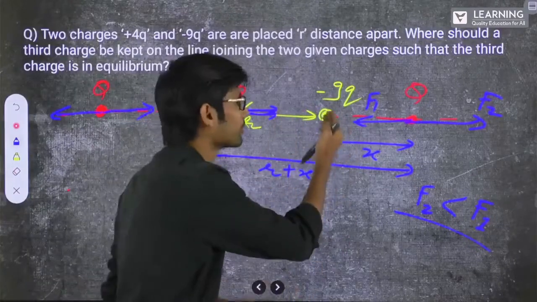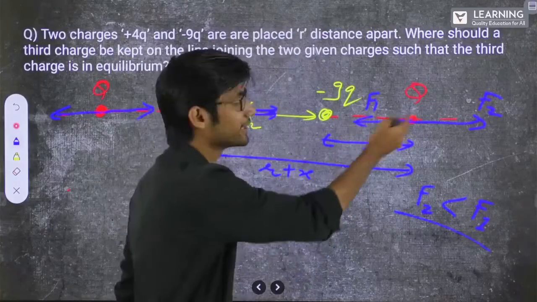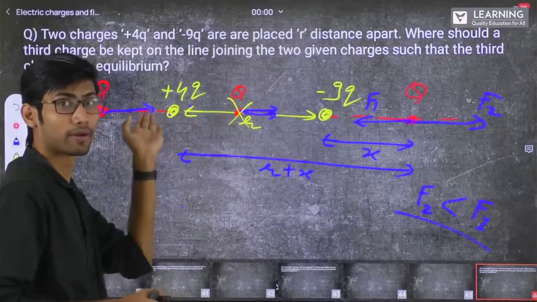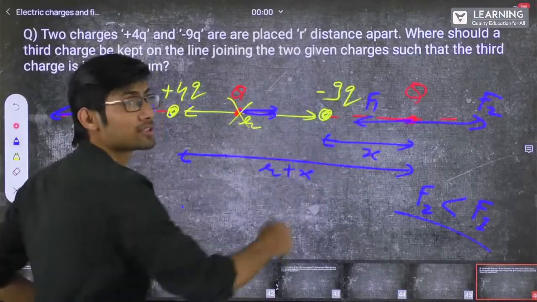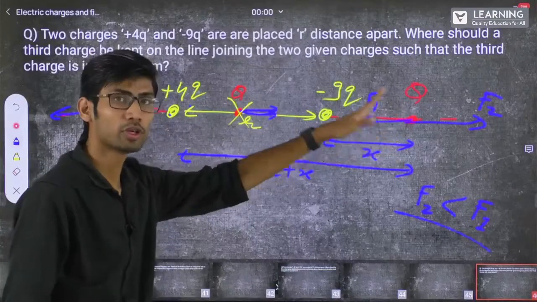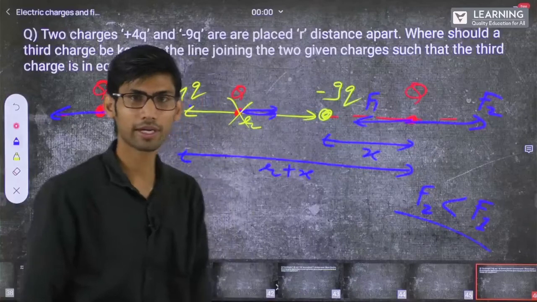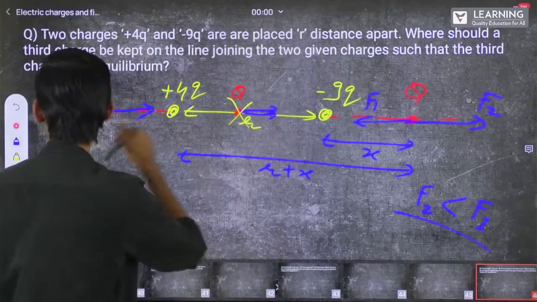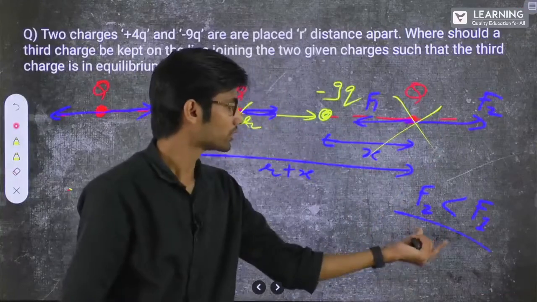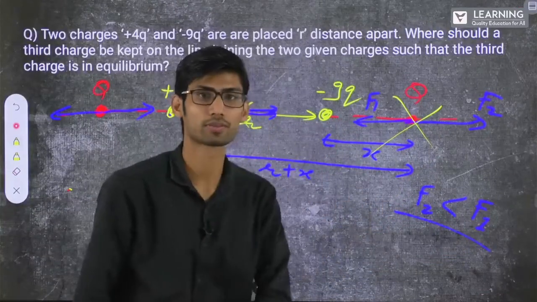If a powerful person is standing here and the distance is also less, he can easily hit him, no? If a weak person is standing and that too far, he can never reach there. His force on him will be lesser than his force on him. Right? Again, that possibility is not there. Why? Because force due to this charge will always be less than force due to this charge. Clear?